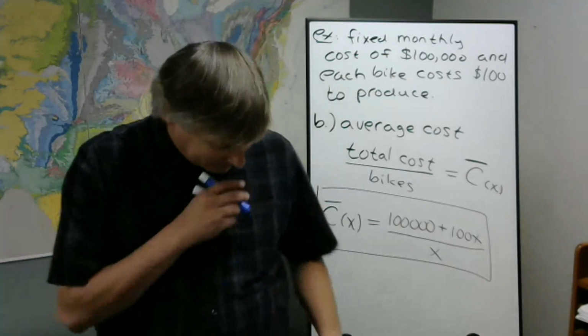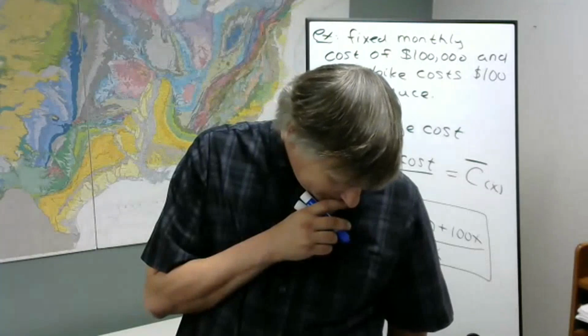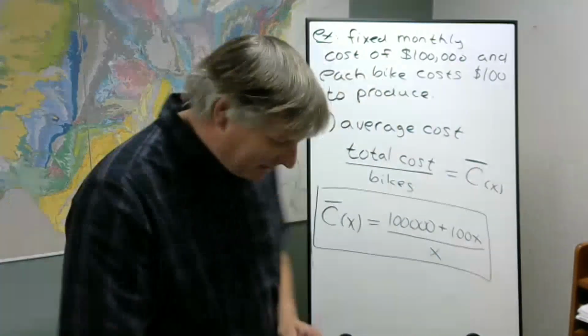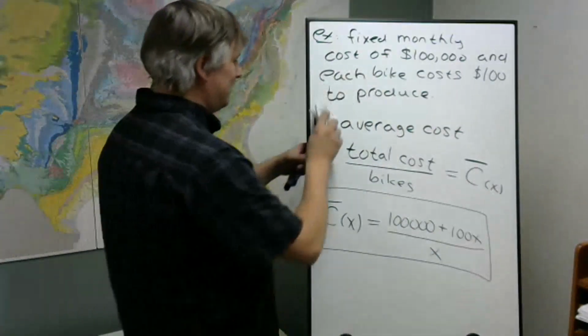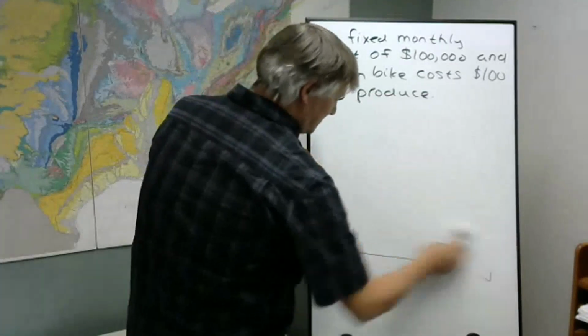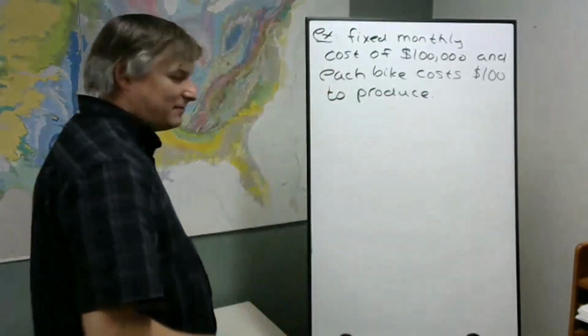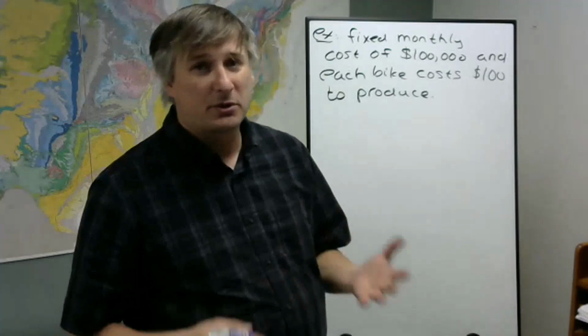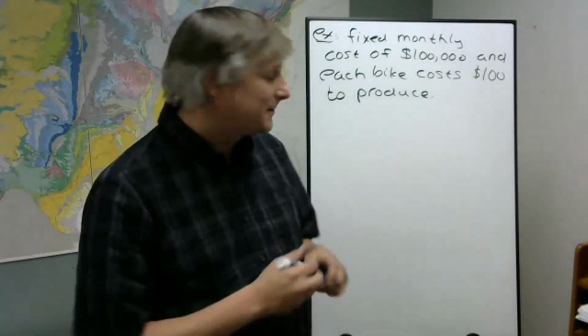All right. So here's a question. How many bikes does the company need to produce to have an average cost of $300 per bike?